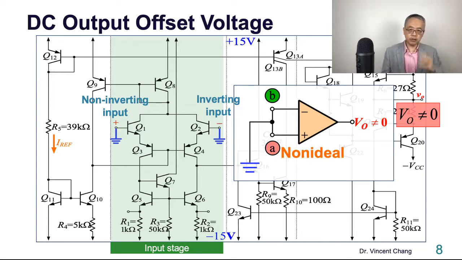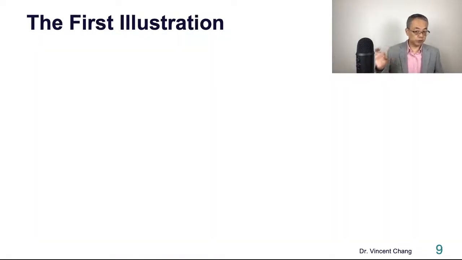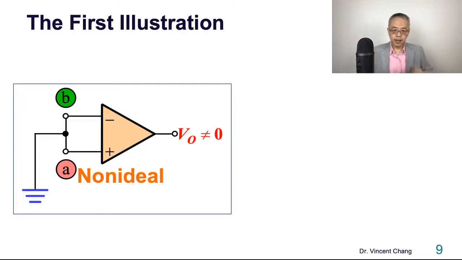So now I'm going to talk about the second part of this lecture, which is the modeling of the offset voltage. To illustrate the model, I use two illustrations. Here comes the first one. The left-hand side is the problem.